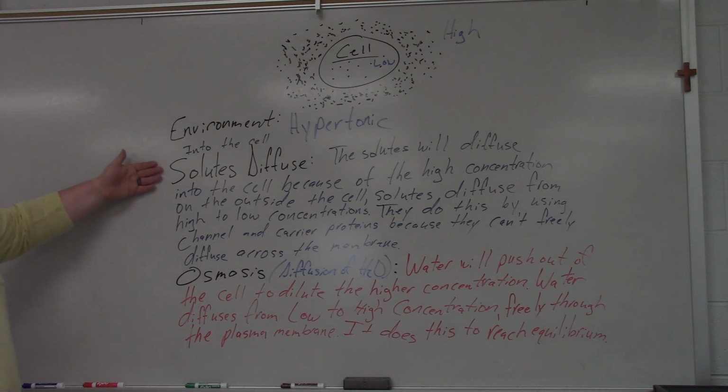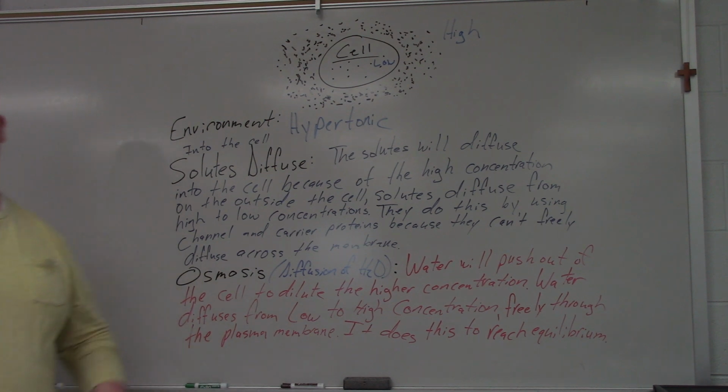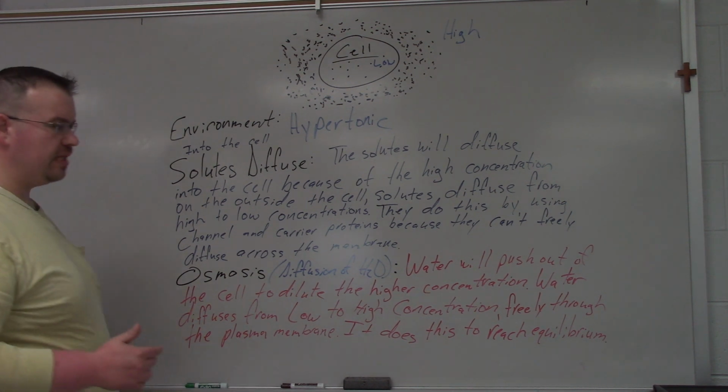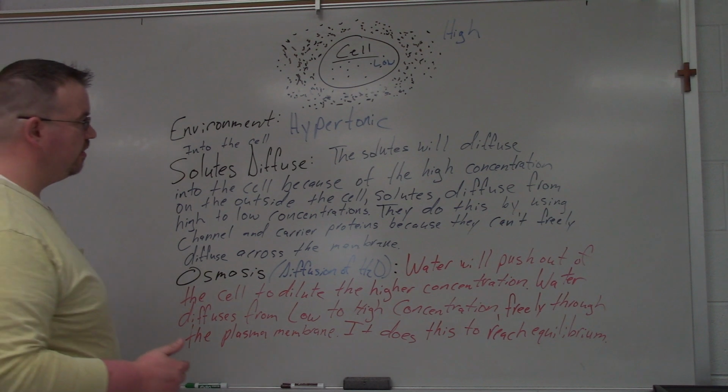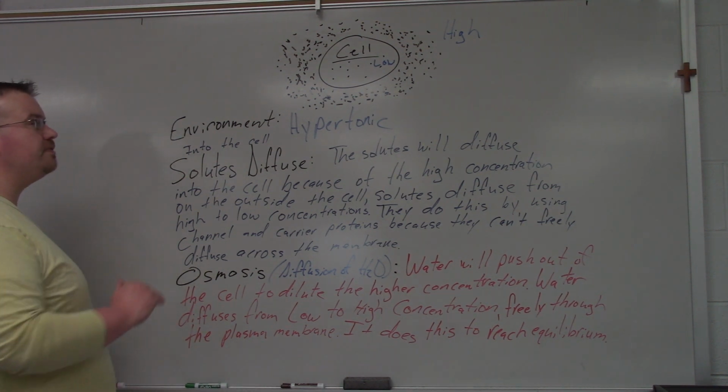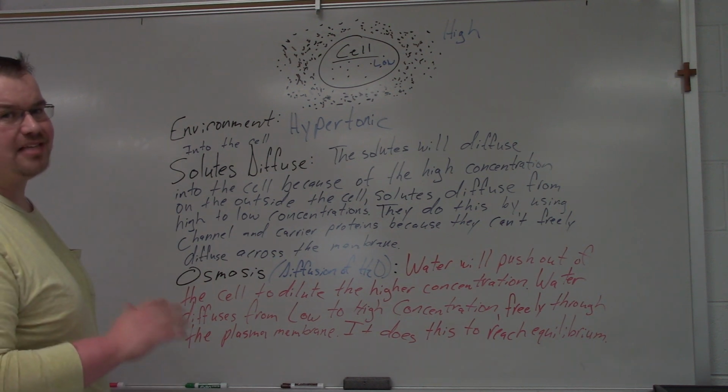Then the solutes will always diffuse from high to low concentrations, and then water will always diffuse from low to high concentrations. So I want to make sure you get this, make sure you understand this, you can work through this. There are different types. I'm telling you, not every one of them out there is hypertonic. I have hypertonic, hypotonic, and isotonic.